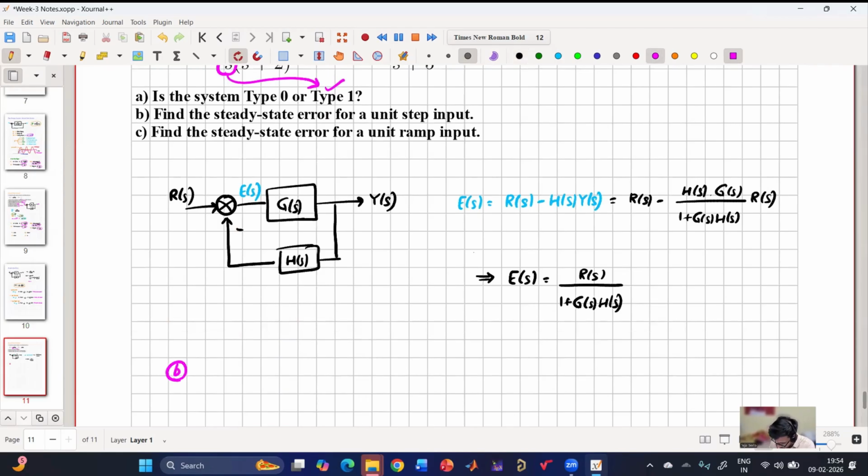B is nothing but the limit error, which is limit s tending to 0 s into R of S by 1 plus G of S H of S. So what is R of S in this case?